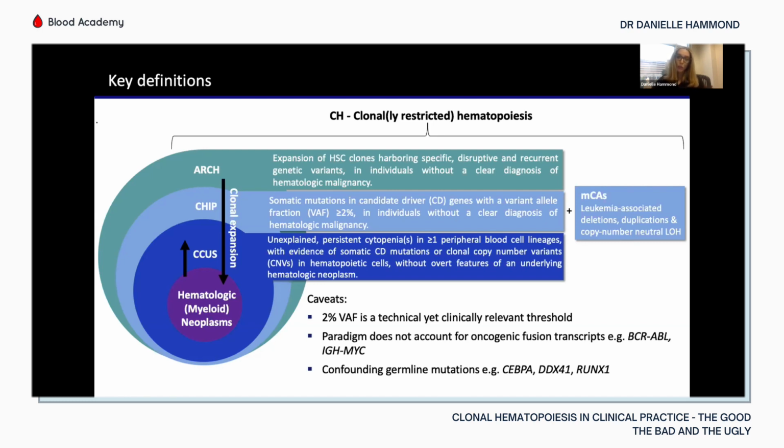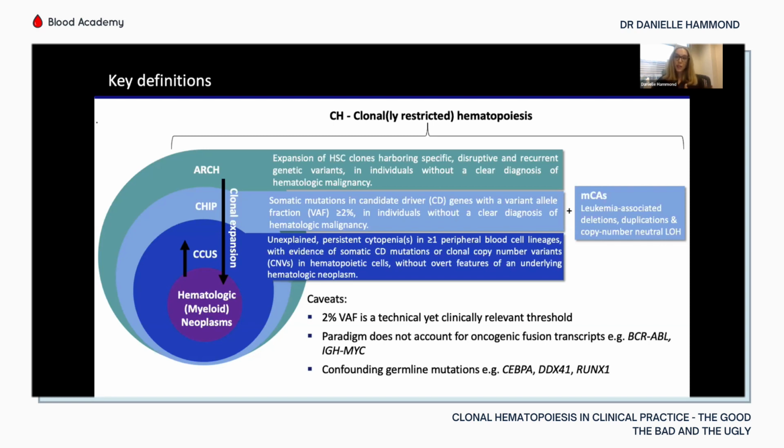Then CHIP, or clonal hematopoiesis of indeterminate potential, which I would like to rename as emergent potential, so CHIP. This is a specific form of ARCH in which we're referring to recurrent somatic, mostly point mutations, in which specifically there's a variant allele frequency greater than or equal to 2%. So for heterozygous mutations, roughly 4% of cells will be carrying this mutation at that burden.